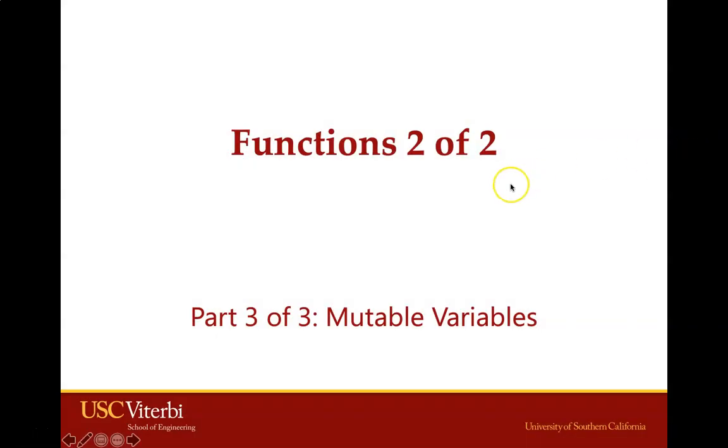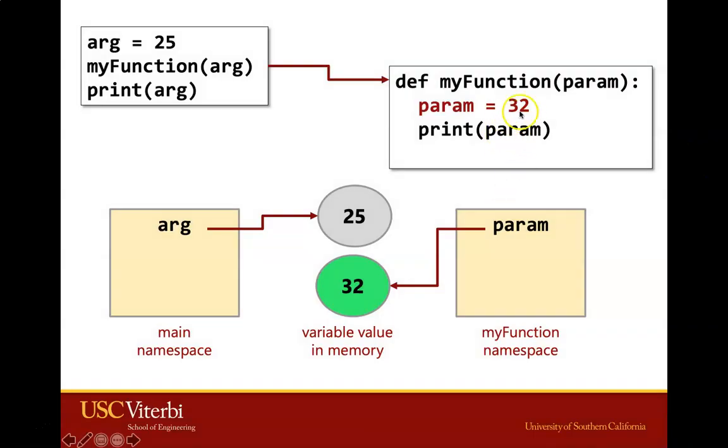So when we print it out inside of the function, it'll print 32. But when we come back after the function call and print out argument, it's still printing 25. So this is why we say immutable objects do not change inside of a function.